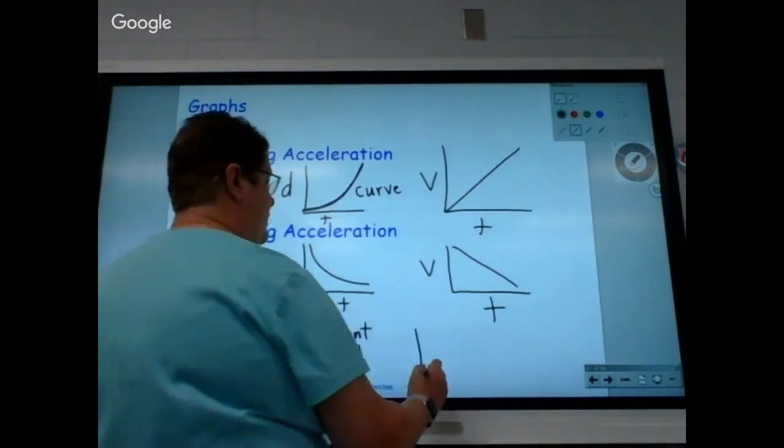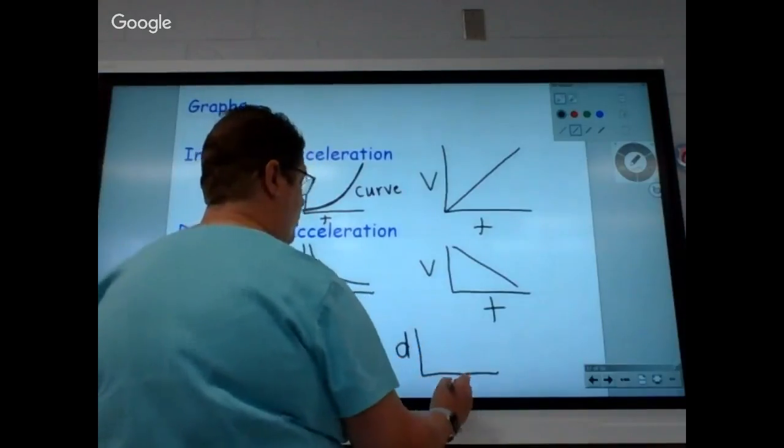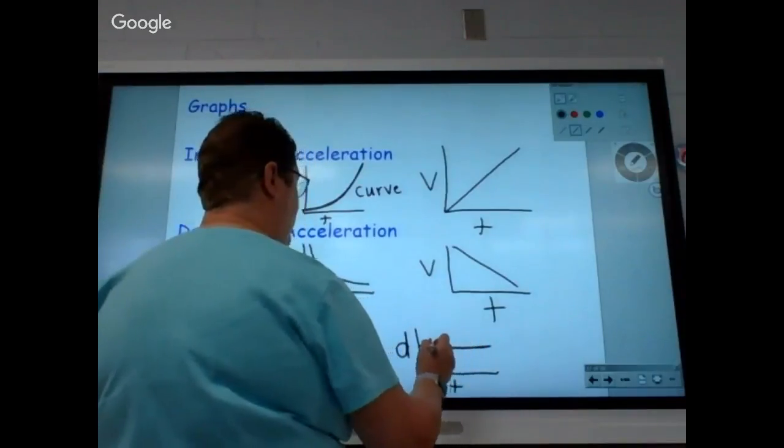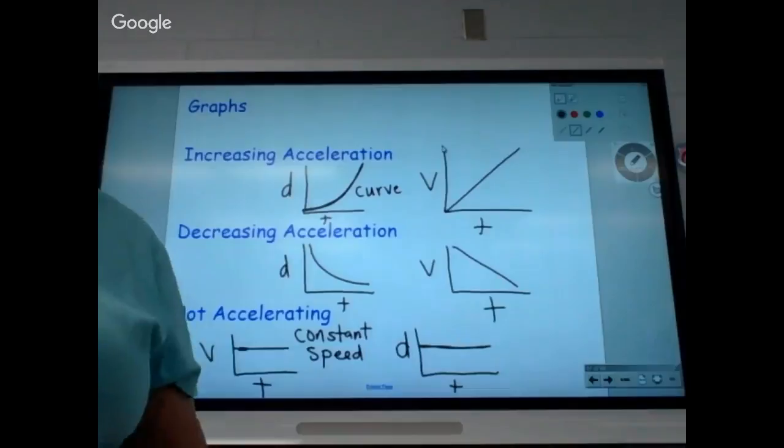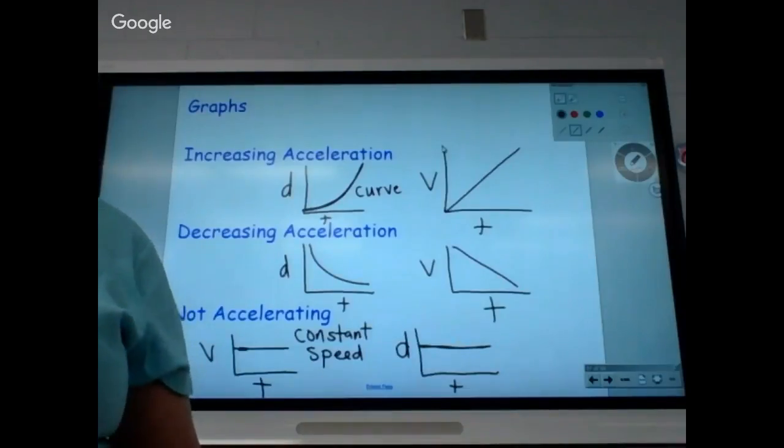What if you put distance here? All right, what would that graph be? Okay, Jacob and William cannot answer. All right, what would that graph be?